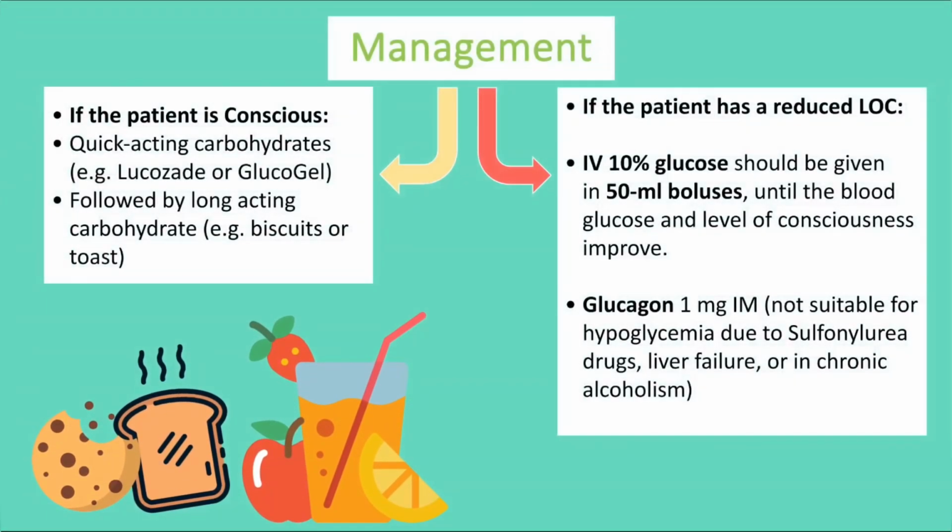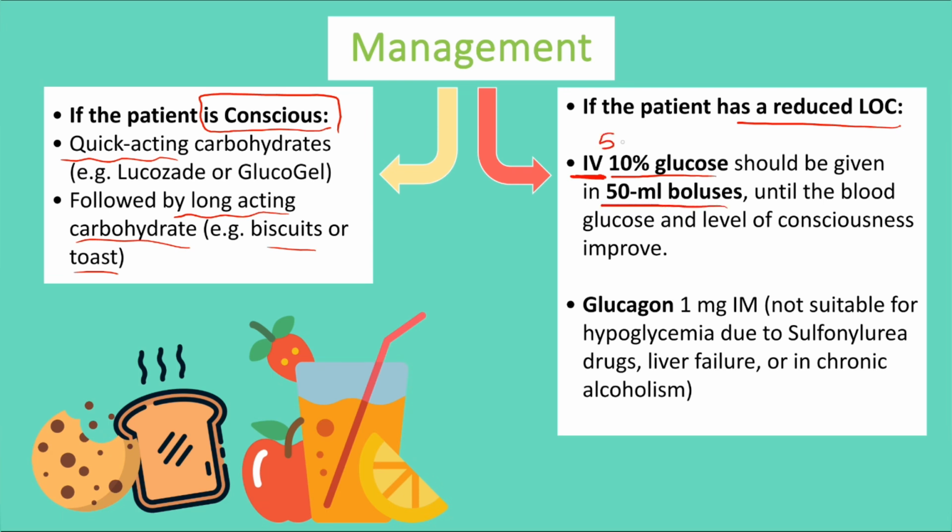What's the management? If the patient is conscious, they have to take the glucose orally. First quick-acting, then long-acting carbohydrates like biscuits and toast. But if the patient has lost consciousness, you have to insert an IV cannula and give 10% glucose in 50 ml boluses.